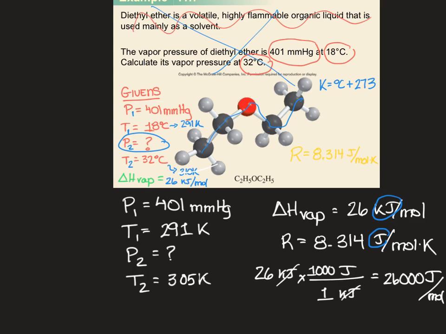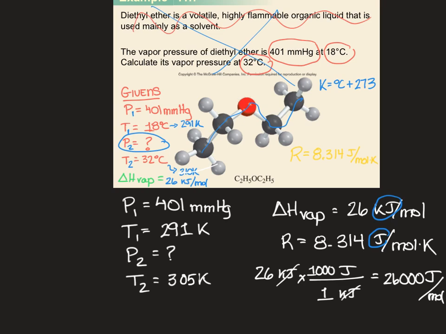Now, what does that do? Well, it was exactly what we wanted it to do. It drops off the natural log. So my left-hand side is now just the 401 millimeters mercury over P2. And when I take e to the x of negative 0.493, on the right-hand side, I have 0.611 if I do 3 sig figs.